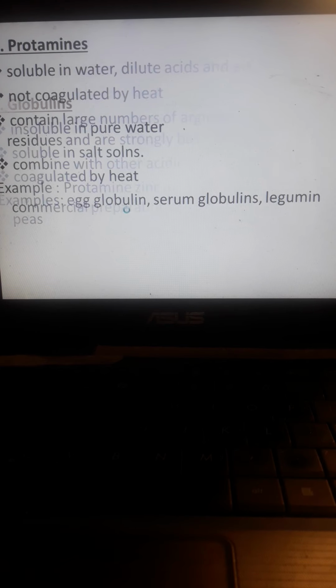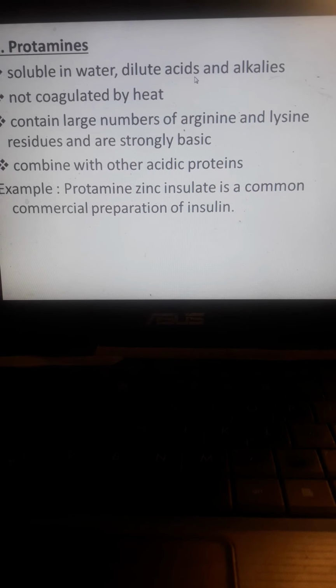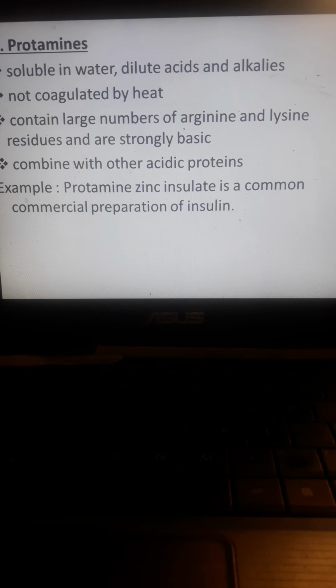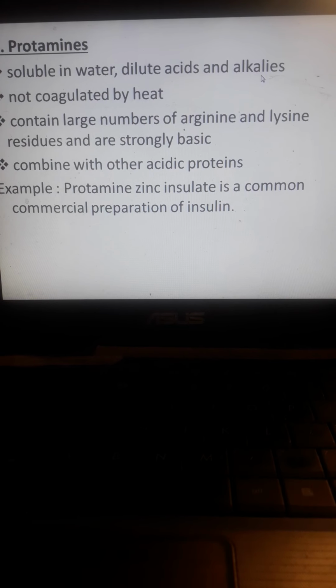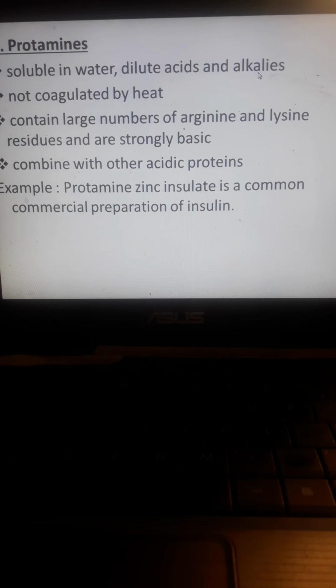Okay, protamines are soluble in water and dilute acids. What are examples of dilute acids? Dilute acids, I mean HCl, hydrochloric acid, sulfuric acid, nitric acid, and alkalis like sodium hydroxide, potassium hydroxide, ammonium hydroxide.